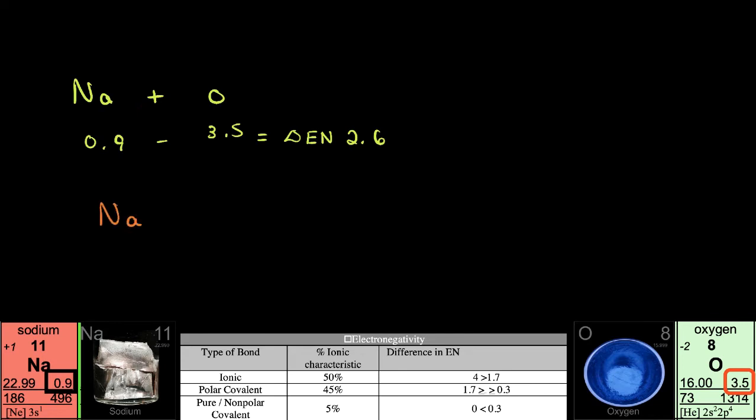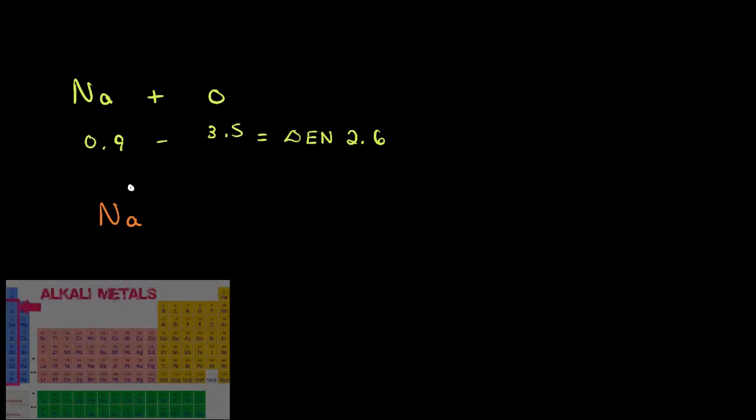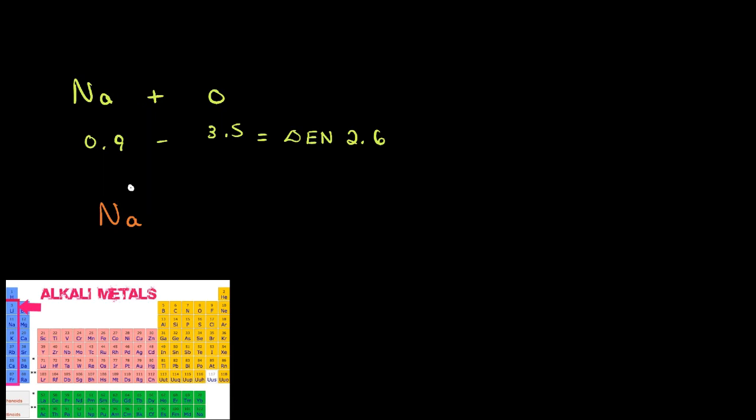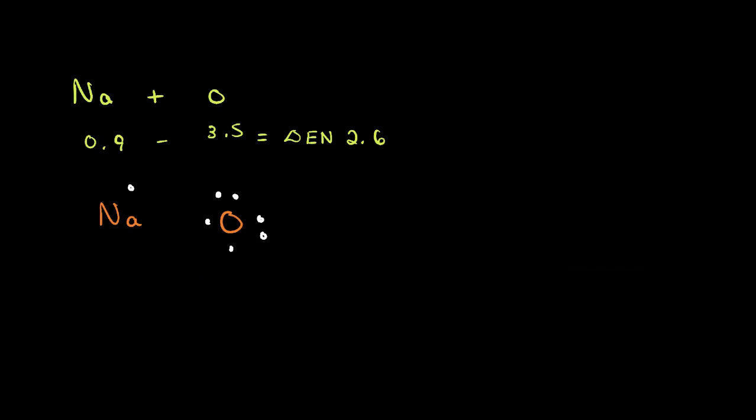Our Lewis diagram here, you're going to have sodium. It's in group 1, so it has 1 valence electron. You have oxygen here. Oxygen, it's in group 6, so it's going to have 6 valence electrons. Now, you should, by now, hopefully pick this up, that when you're looking at this, you have 1 electron that needs to be given away from sodium, but oxygen needs 2 for it to become chemically stable.